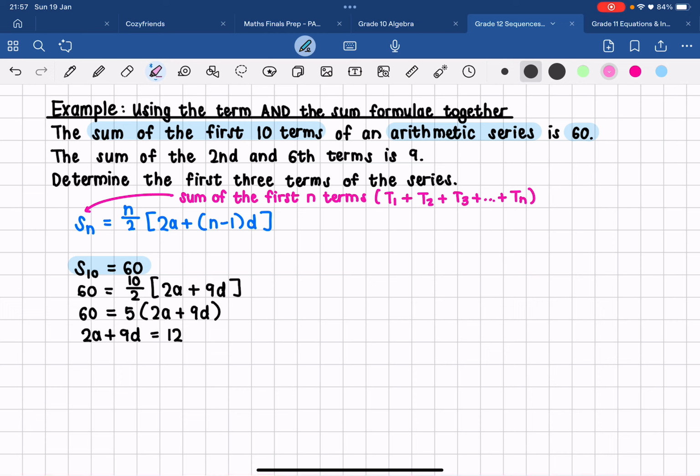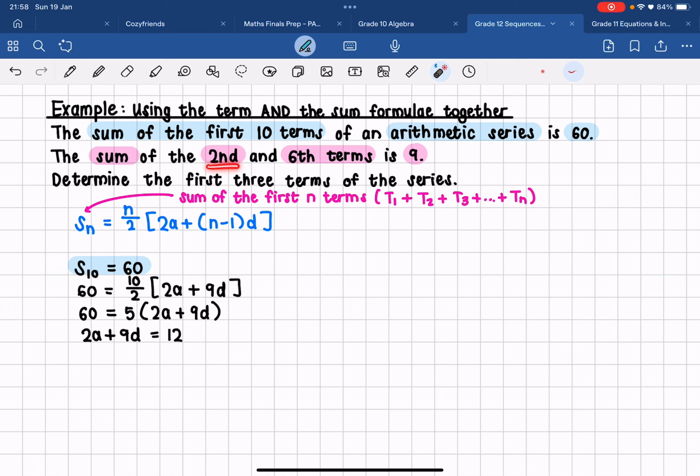Now, guys, if we're looking at the next sentence, they're saying the sum of the second and sixth terms is 9. Now, for this sum, even though they're telling us that it's the sum, we cannot use the sum formula. It's very important. Like I said here, remember the sum formula, we only use that if we're going from term 1 and then we're adding all of the terms in a row all together until we end up at a specific term.